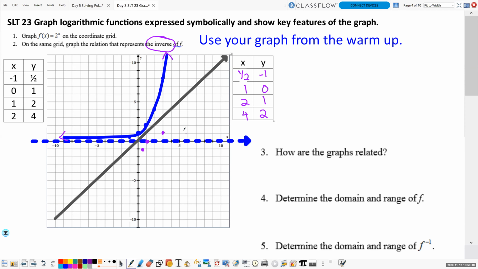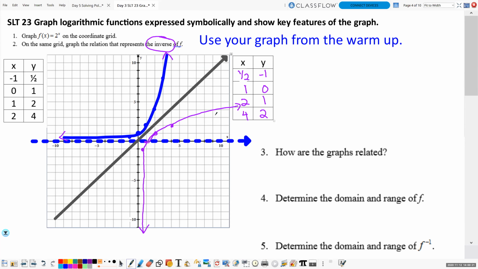Okay. Now, this graph has kind of a flat portion here along the x-axis. The inverse is going to have sort of a flat portion along the y-axis. The exponential growth shoots up. The logarithmic function is going to shoot off to the side.